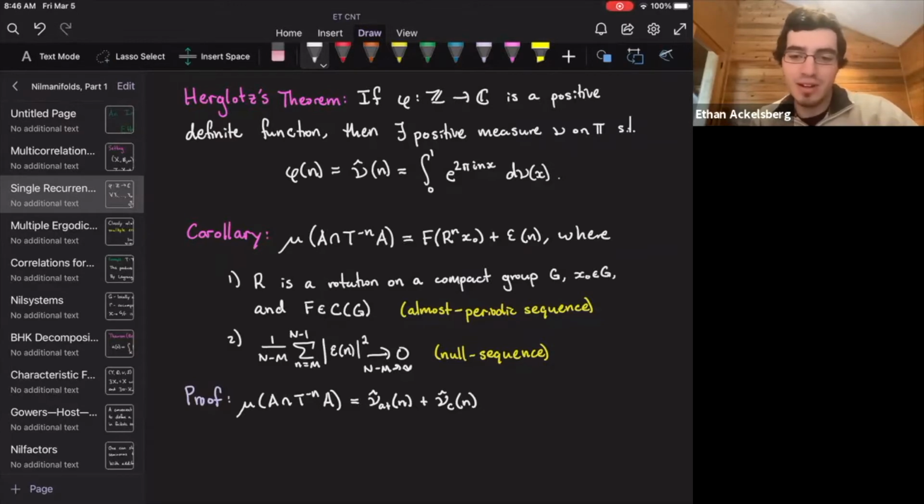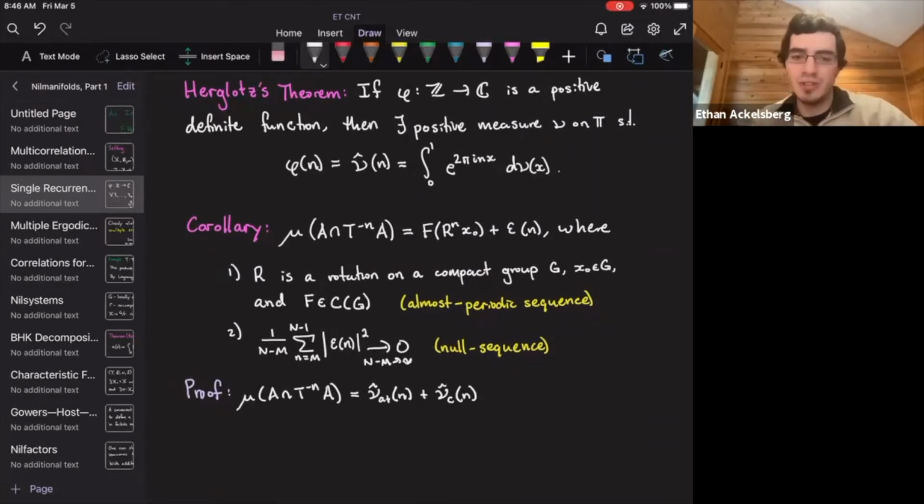So the atomic part, you're just looking at a bunch of atoms, so you're looking at sums of specific trigonometric functions. And so you'll get something almost periodic. The continuous part, statement 2 here, is just applying Wiener's lemma to the Fourier transform of the continuous part. So not a very complete proof, but that's how this works out.